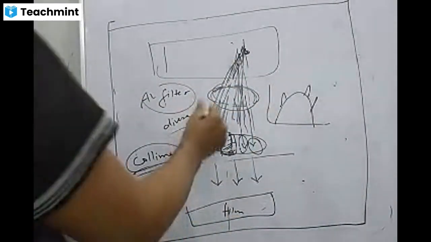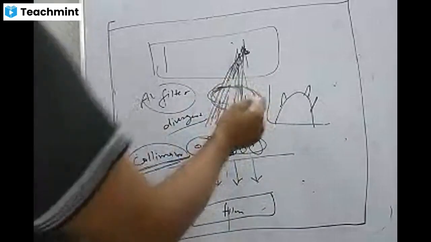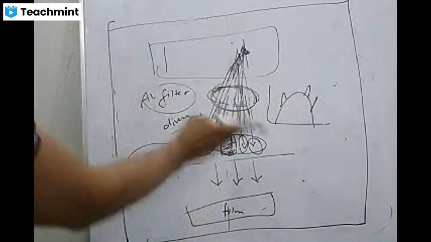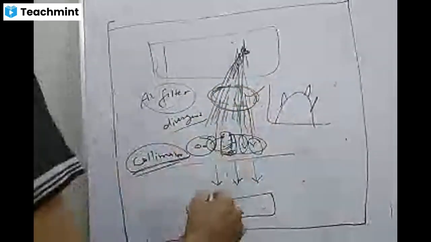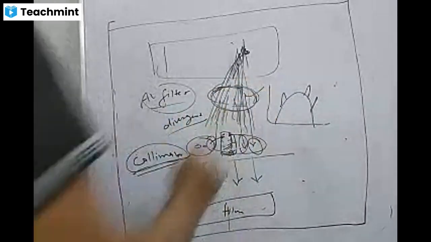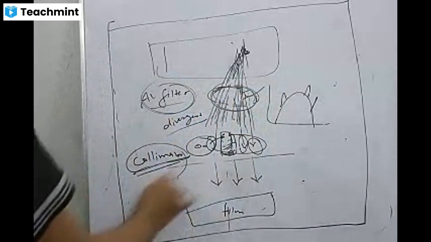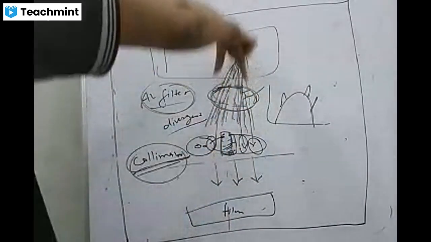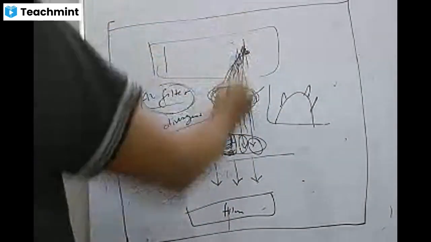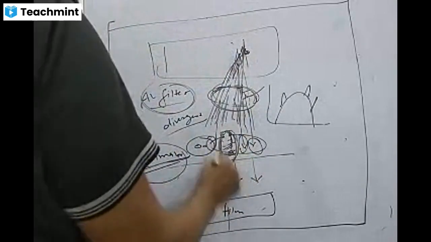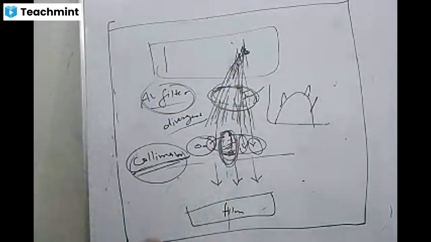So if they ask you where the collimators are placed, in front of the patient or behind, they are in front of the patient. Aluminum filter, and what is the role of the filter? Remove the soft X-rays. Role of the collimator is to make the divergent beam directional so that the area of desired interest is radiographed.